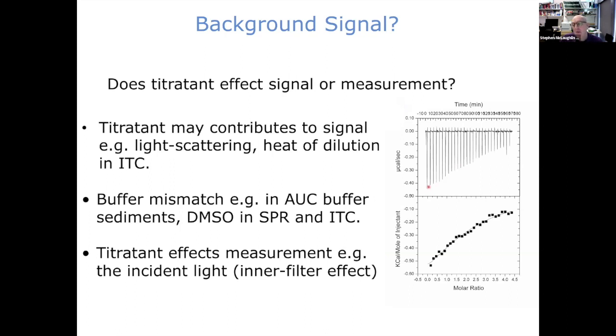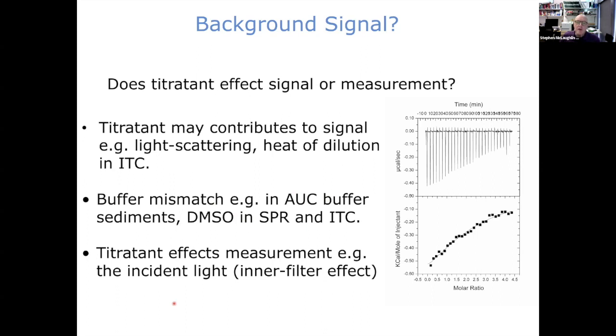And what we could find, if you just put DMSO into the buffer, it was supposed to be matched, but actually it wasn't matched, and the DMSO was causing a signal just by itself, which you could actually fit. But obviously, it's just a change in heat of dilution because the DMSO concentrations were mismatched. So when you have buffer mismatches, that's important also in SPR and also AUC and other things as well.